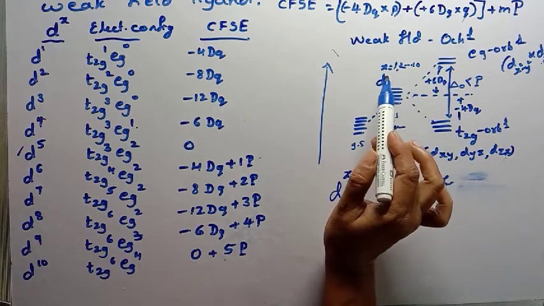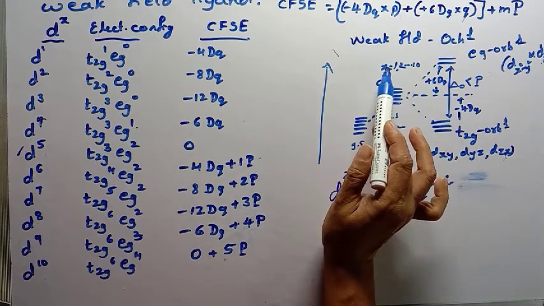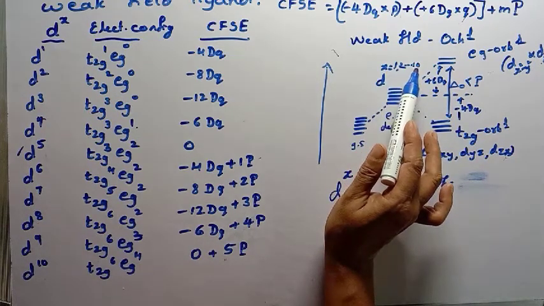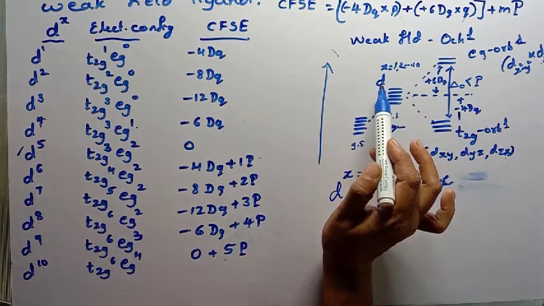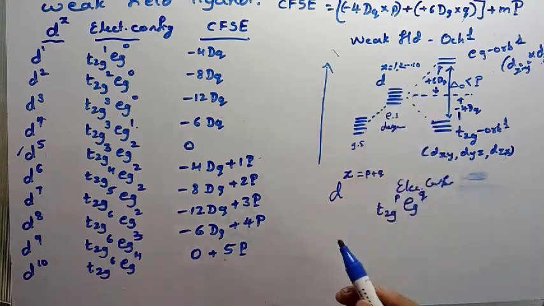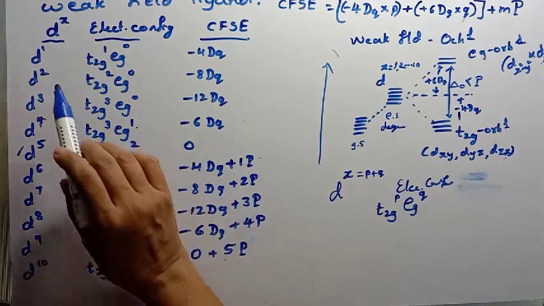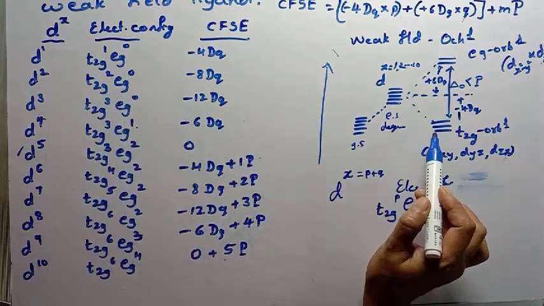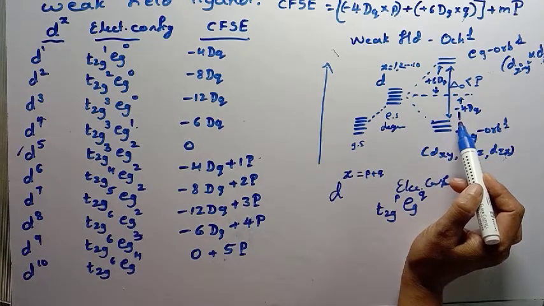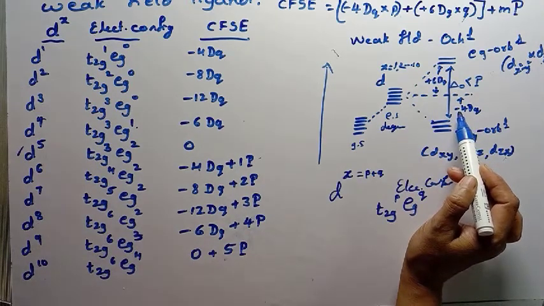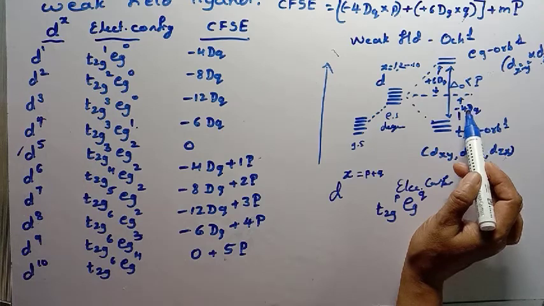Now say the metal ion is containing only one electron. The d orbital may contain 1, 2, 3 or maximum of 10 electrons, because the capacity of d orbital is 10. So when there is only one electron, it occupies lower energy. That means it lowers the energy of the system or the metal complex by minus 4Dq.